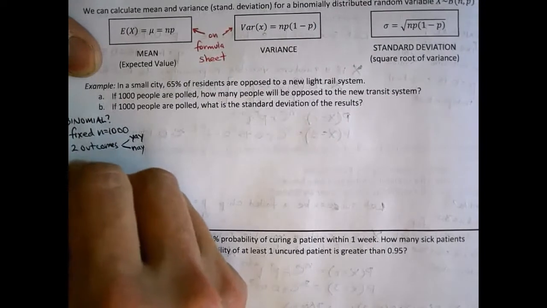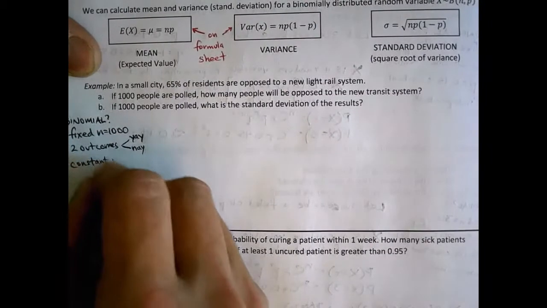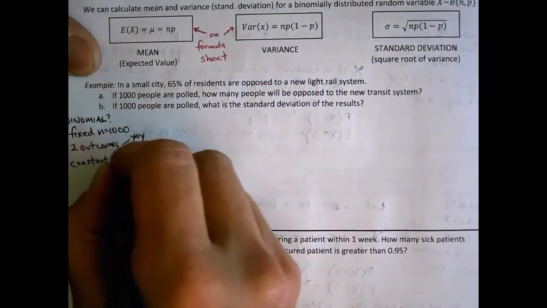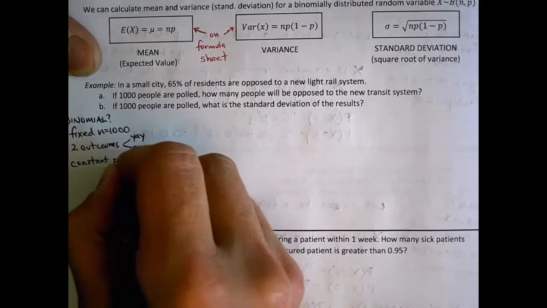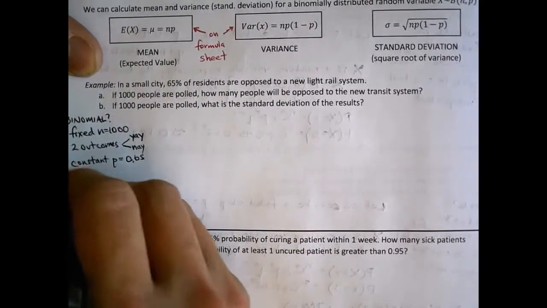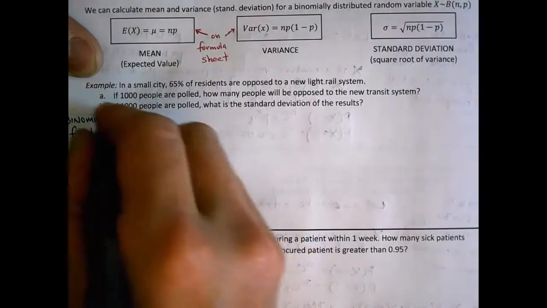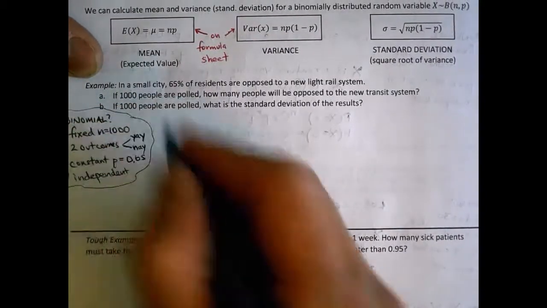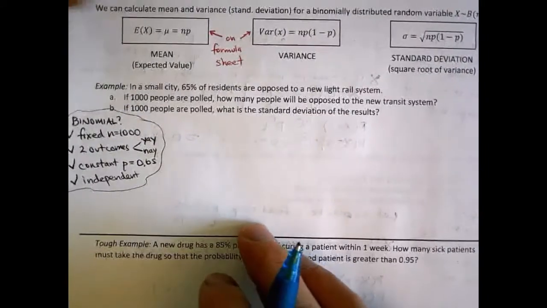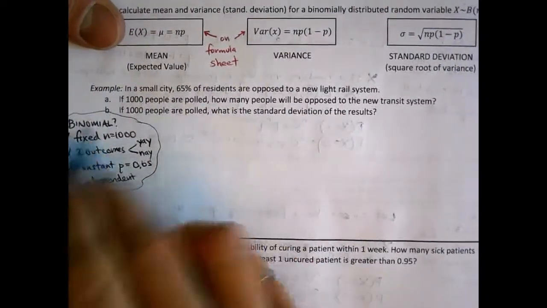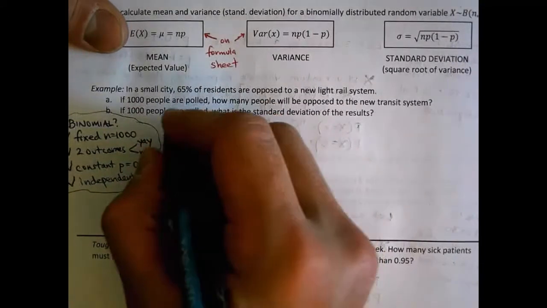Is there a constant probability of success? Yeah, because we know 65% of people are not going to like this new system, and then we know it's independent, right? One person does not affect the other. At least that's what we're assuming. You know, in theory, people call each other and have echo chambers on the internet. But, okay, so this is a binomial distribution.